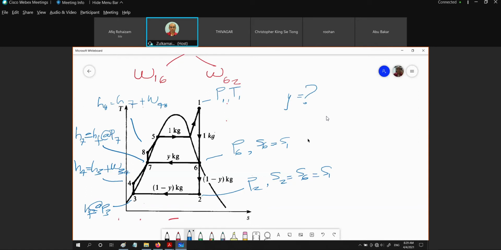If you are not well versed, you're not understanding how to get the Y value, then you look at what I have mentioned last week, whereby we are going to see the energy balance equation looking at the feed water heater. Okay, feed water heater.